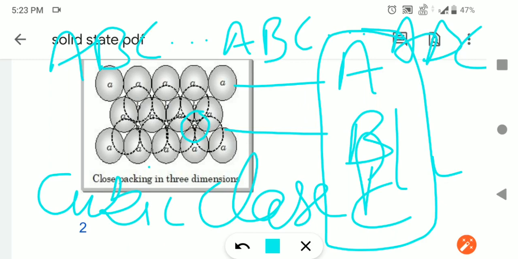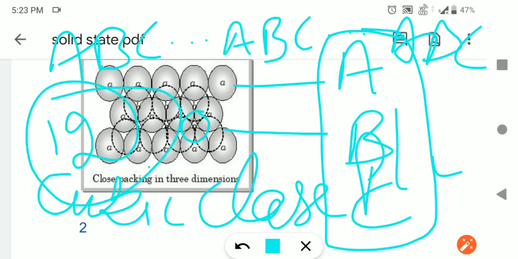Students, here I cannot count the spheres on the mobile phone, but in 3 dimensions, if you calculate the number of spheres surrounded by another layer, it will be 12. Keep in mind that the coordination number in cubic close packing is 12.